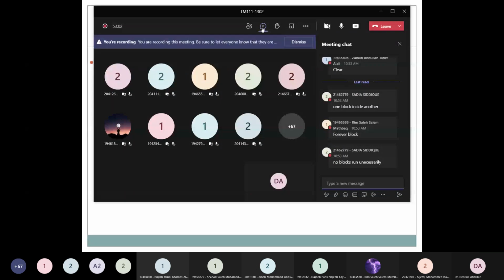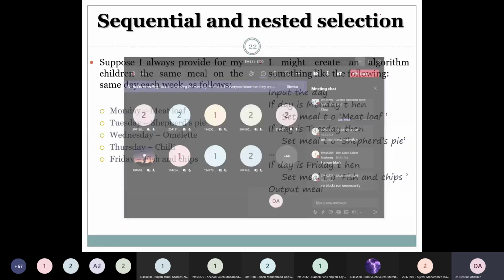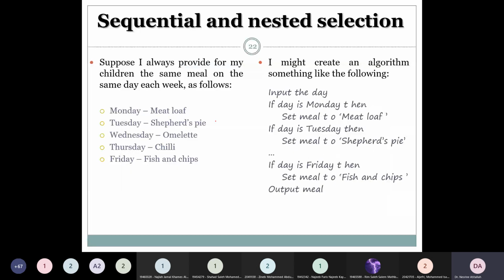Okay, suppose I always provide my children the same meal on the same day each week, as follows. On Monday, I will give my child meatloaf. On Tuesday, shepherd's pie. On Wednesday, omelette.